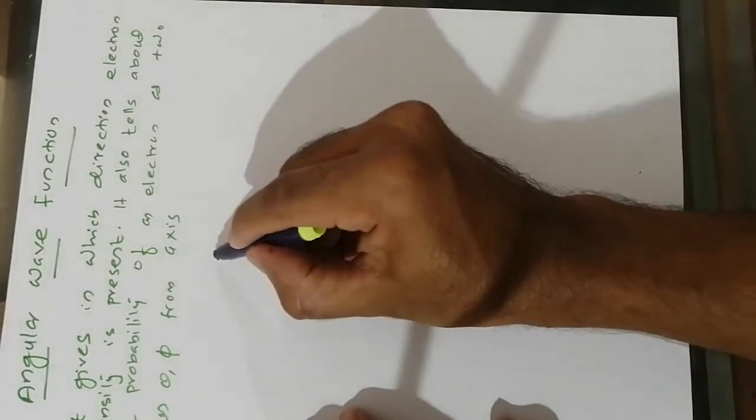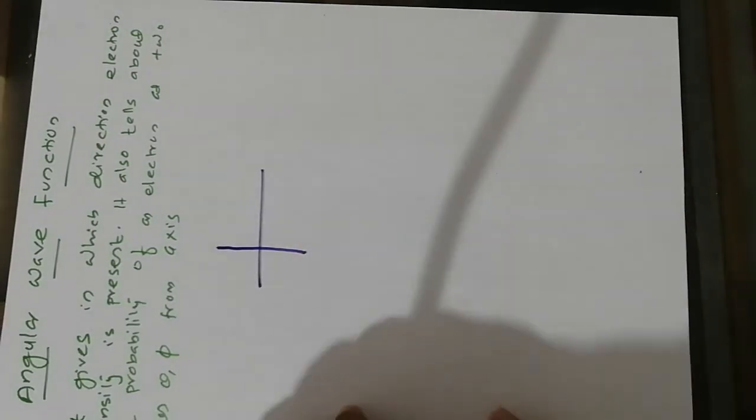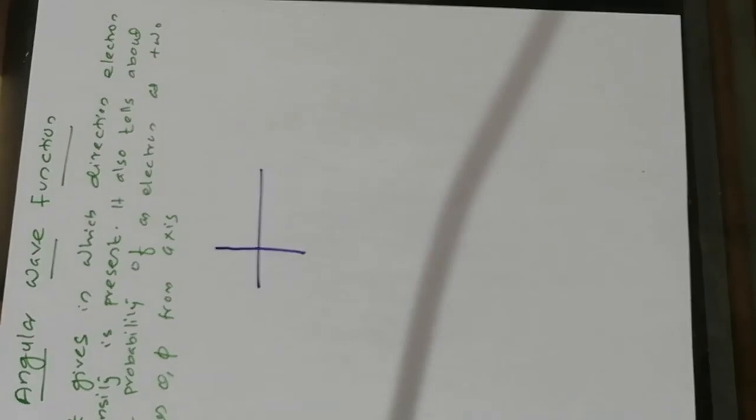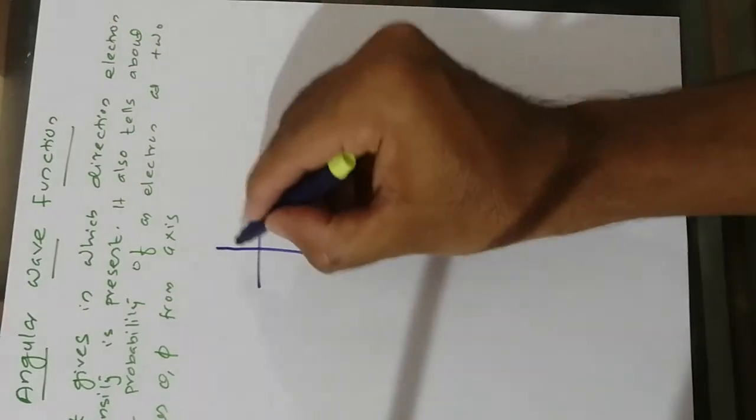For example, we take only one angle here because there are two variables, theta and phi, and therefore it is quite difficult for us to explain.